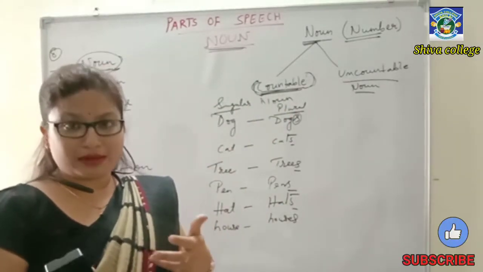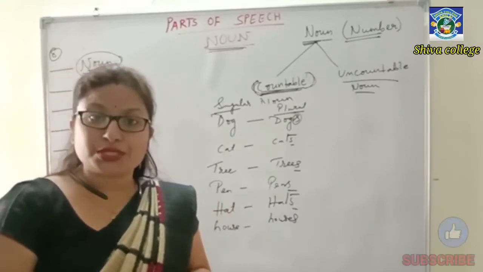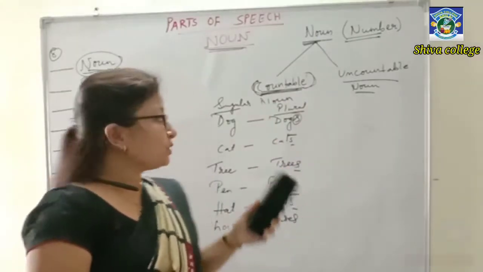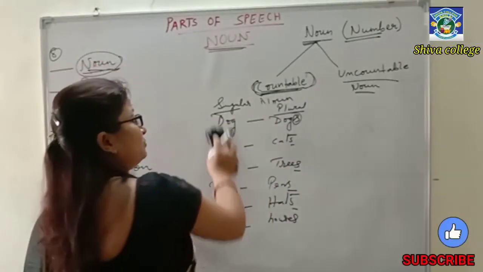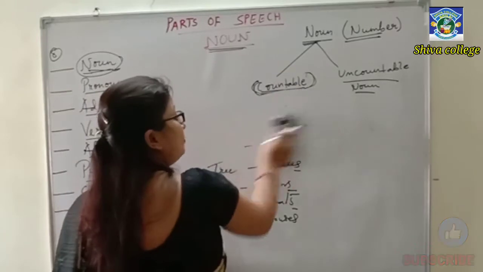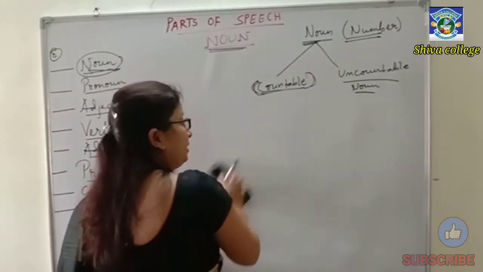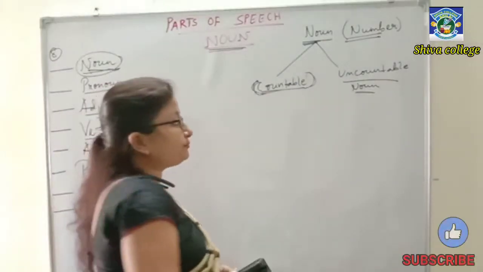You have to recognize, or you have to sometimes write in the question, in which noun form the word comes into. So you will see that the countable noun must have its plural form. If it has its plural form, then that word definitely will come into countable noun.